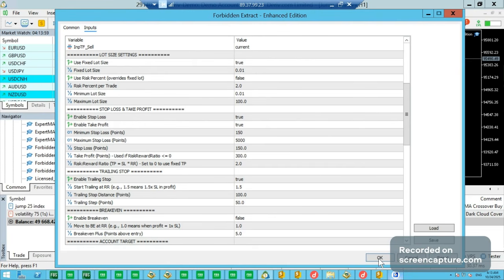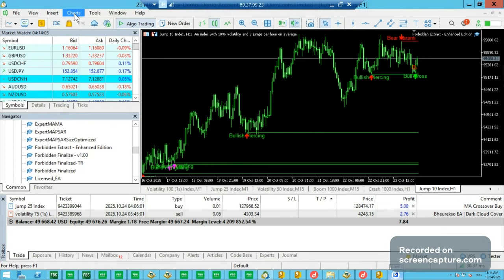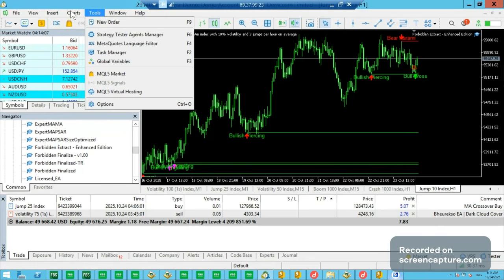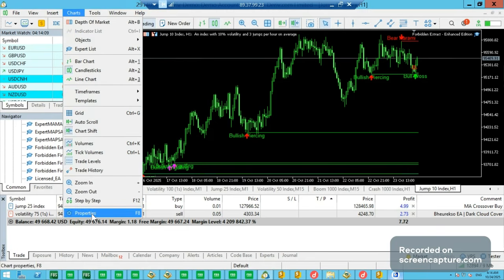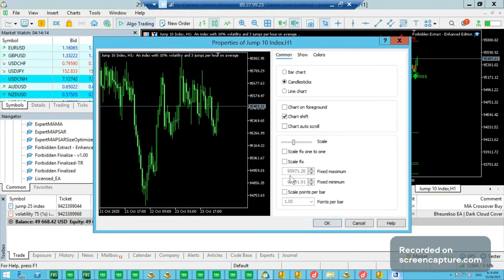But for you to check that, you just need to go to your chart, then properties. You come to common to check the distance. Can you see now? The fixed minimum here is 93,491 and the fixed maximum is 95,971.